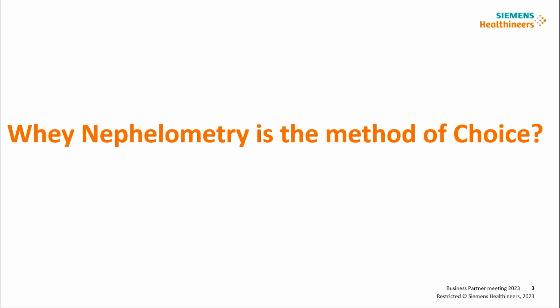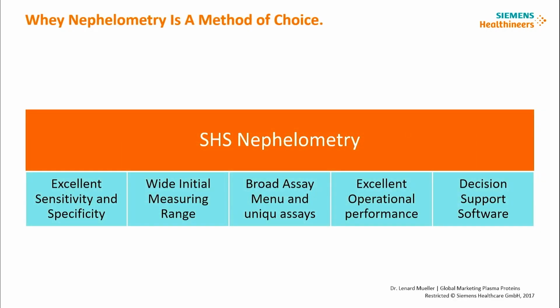I will answer this question briefly, and I will talk about each one of these in detail. Nephrometry gives better sensitivity and specificity. It provides customers with a very wide assay measuring range, or initial assay measuring range. Siemens nephrometry also provides a very broad assay menu with more than 70 assays.